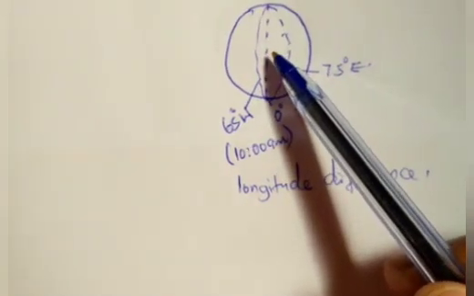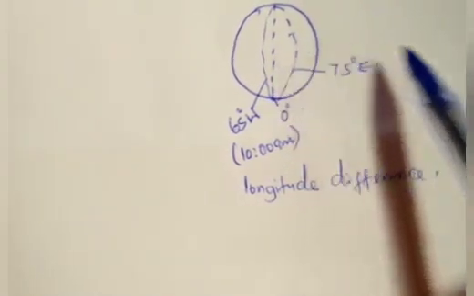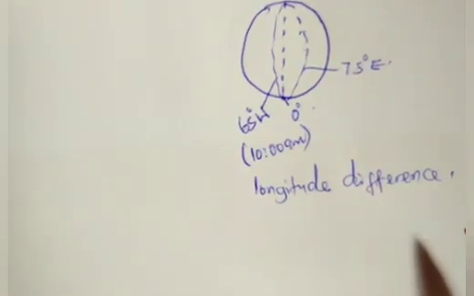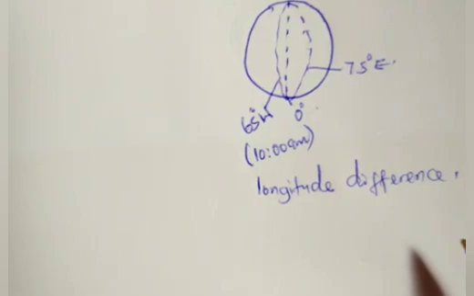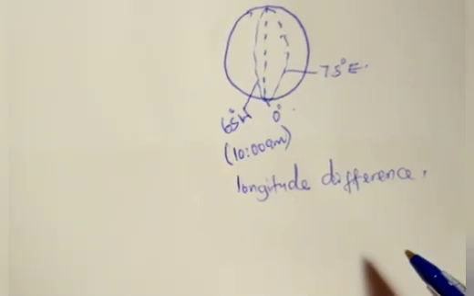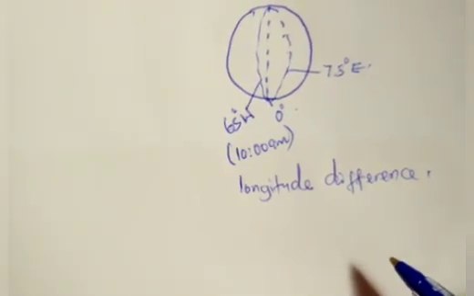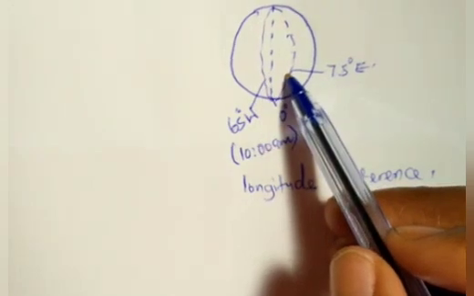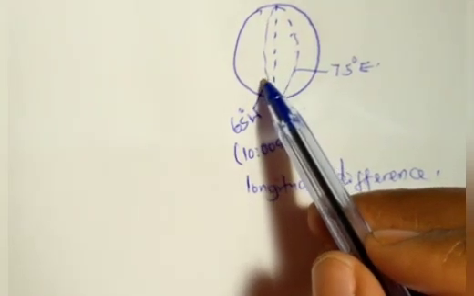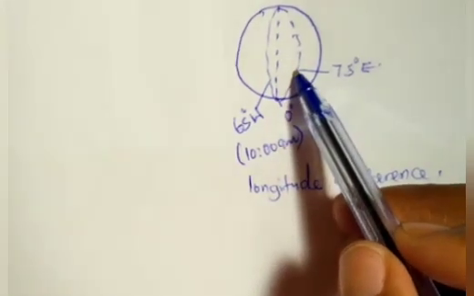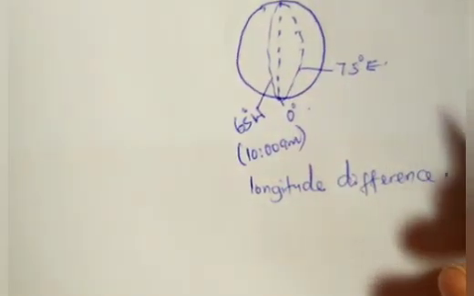The key sentence here is: when the points are on opposite sides of the prime meridian, we add the longitudes to come up with the longitude difference. Because we have 75 degrees here and another 65 degrees, we'll take the 65 degrees plus the 75 degrees.